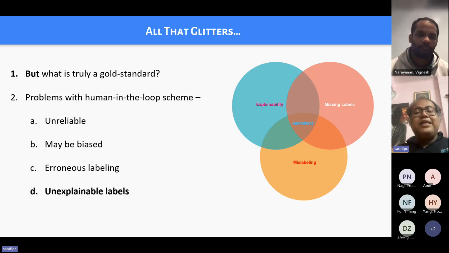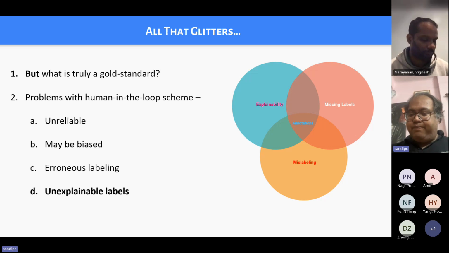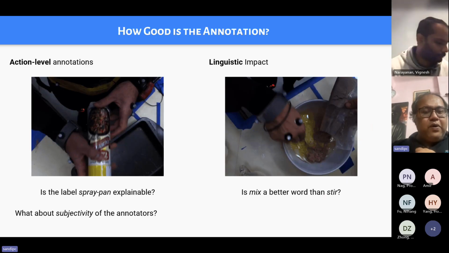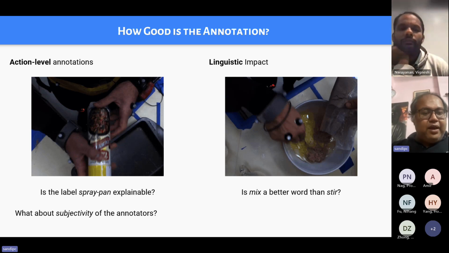But another interesting problem that comes up, particularly for labeling pervasive computing or ubiquitous computing data, is unexplainable labels. Let me explain what these unexplainable labels are. For example, here are two activities. In the first one, you can see that the person is spraying something on a pan.